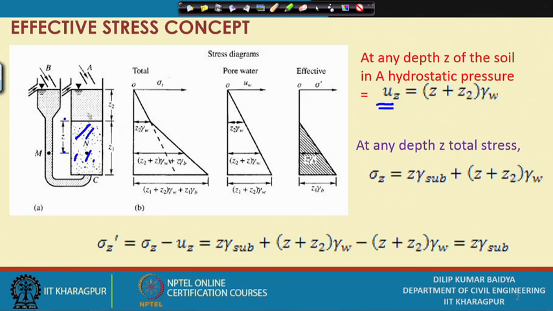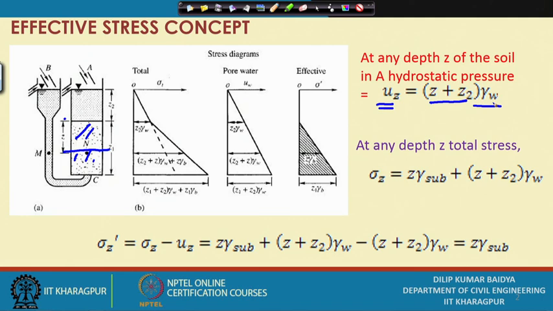What is the total depth at this point? It will be Z2 plus Z. This is the total water head at this point. So, because of this water, the pressure U_Z is (Z plus Z2) into gamma_w.